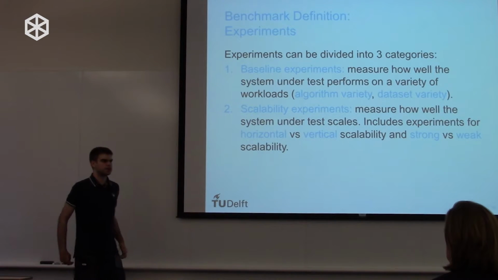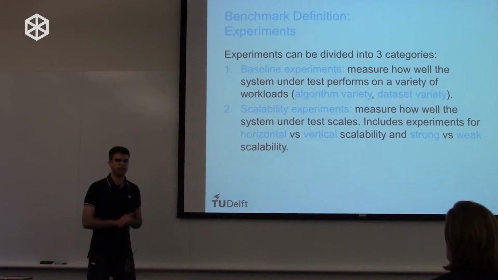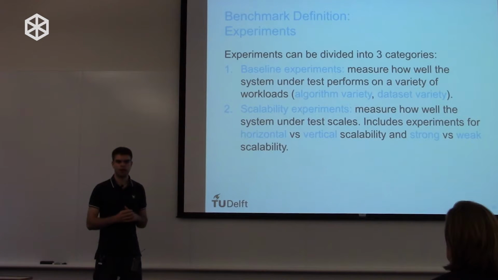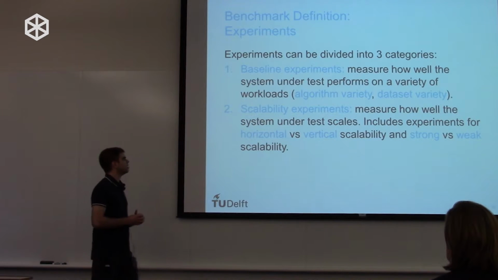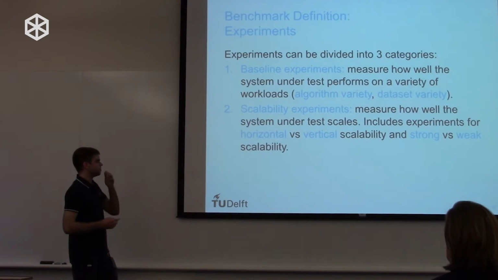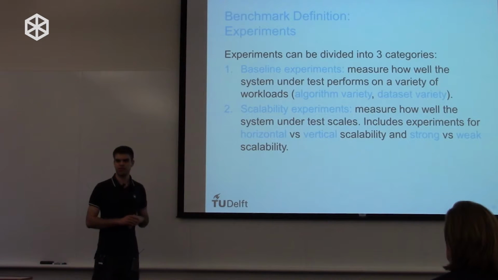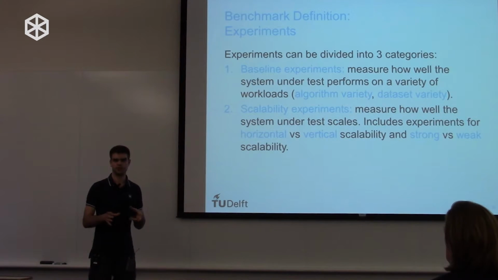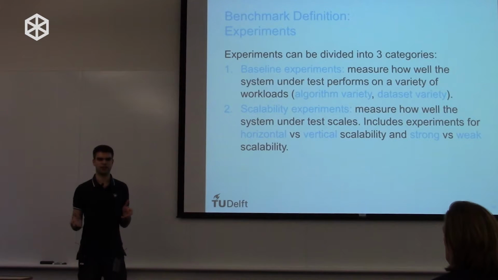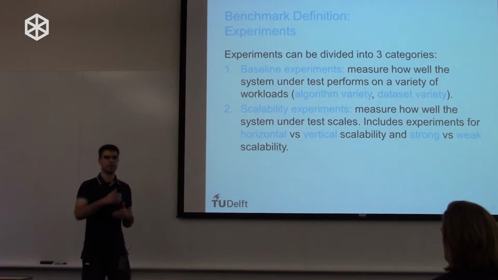The second kind of experiments are focused on the scalability of these systems, because graph analytics is typically done either on large parallel machines or on distributed machines. And for this we've included experiments for both horizontal and vertical scalability, so adding either resources in the form of more computers or adding resources in the form of bigger computers.